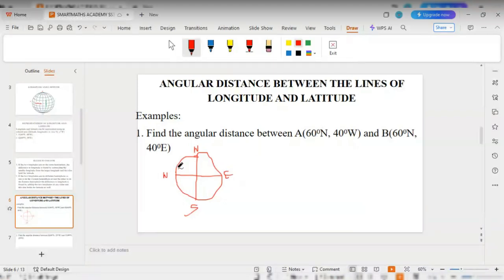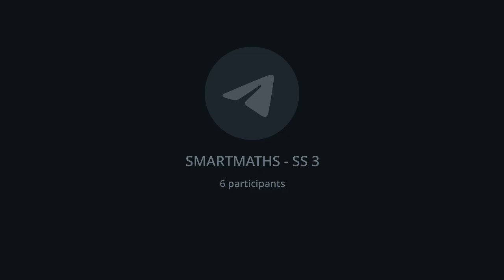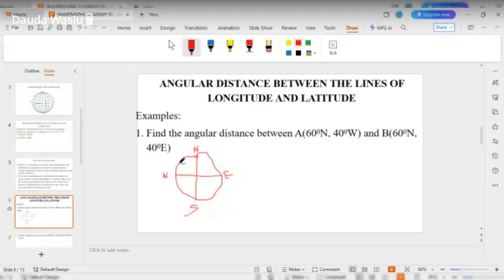Then the point A is of latitude 60 degrees north. So we come to the north side. Latitude 0 degrees is the equator, so we have a line parallel to the equator. Then you draw latitude 60 degrees north, and label it 60 degrees north.